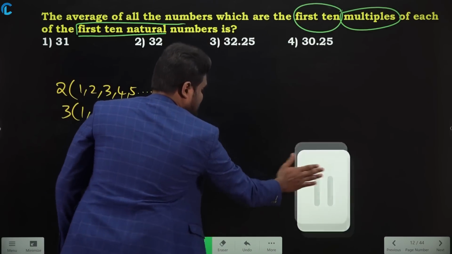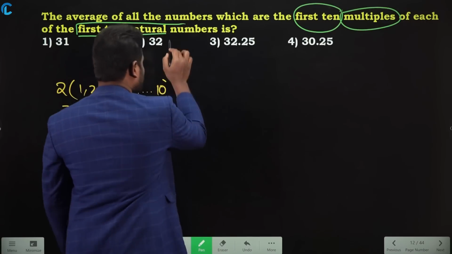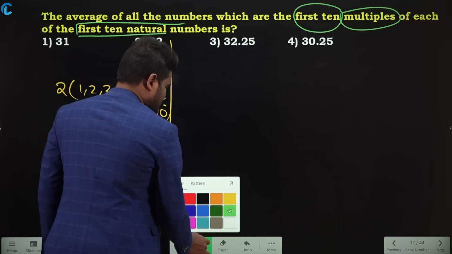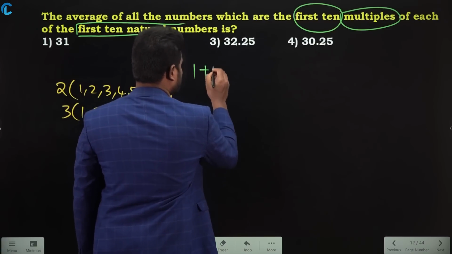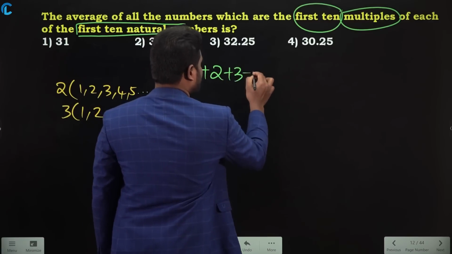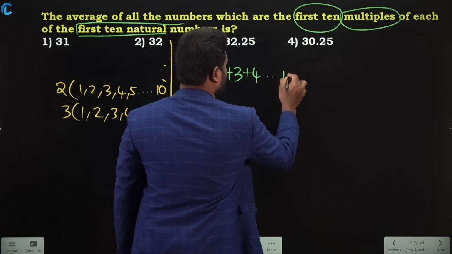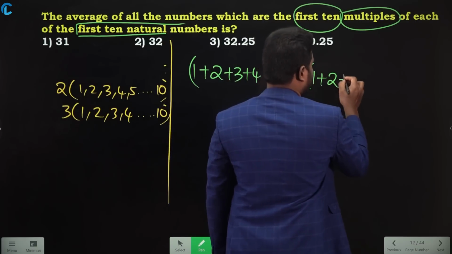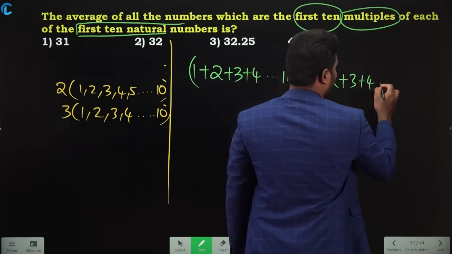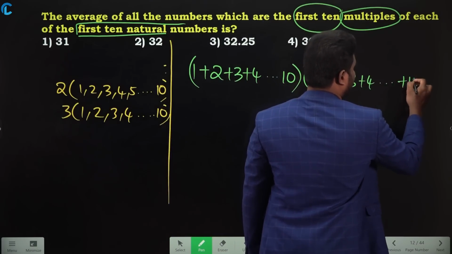So now from this I can say that if I take these numbers common, this looks in this way, which is 1 plus 2 plus 3 plus 4, and so on to 10, into 1 plus 2 plus 3 plus 4 plus so on till 10.